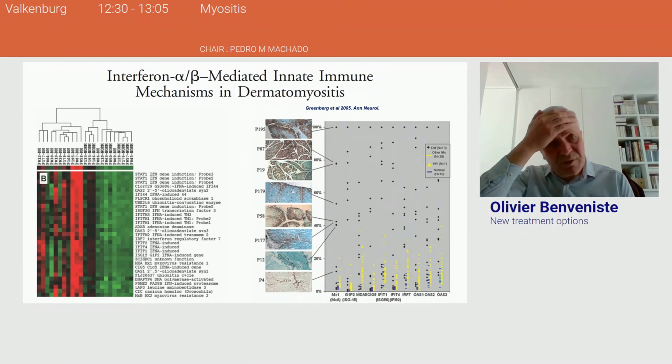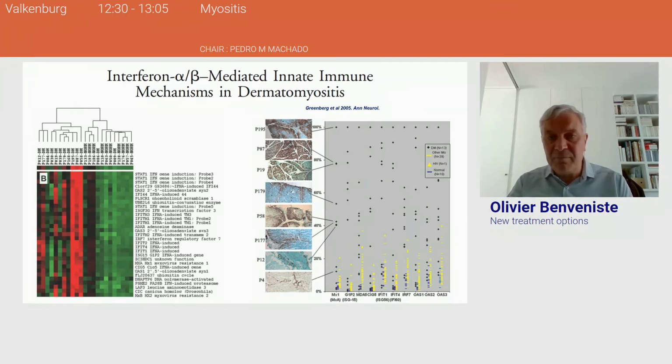And Steve Greenberg was the first to show that on the muscle biopsies, with arrays and omics approaches, you can see that many of the mRNAs of the pathway of defense against viruses, the pathway of interferon type 1, are really highly activated compared to normal muscles.